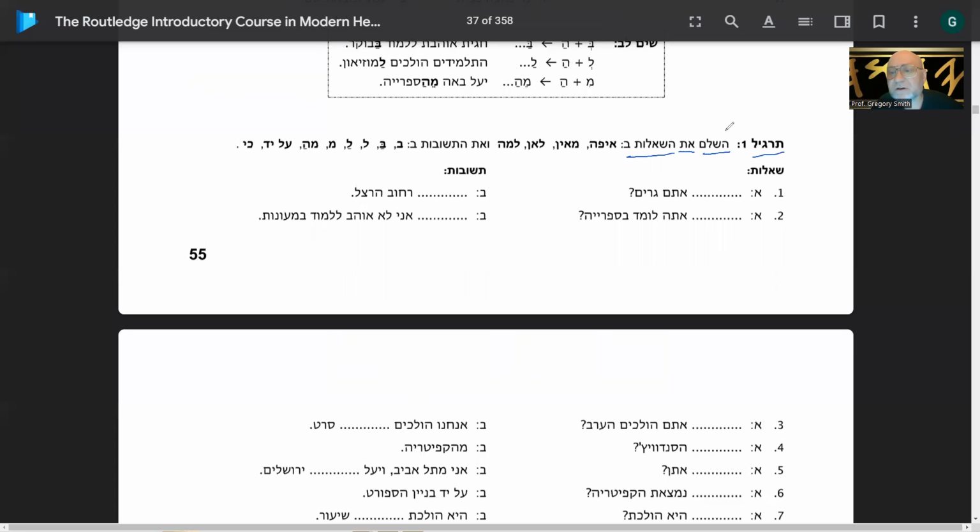Okay, hashlem. So this hashlem is "complete". Okay, et, you don't pronounce that. In other words, what are you completing? The et points you to what you're completing, because remember, Hebrew is not linear in the way that English is.